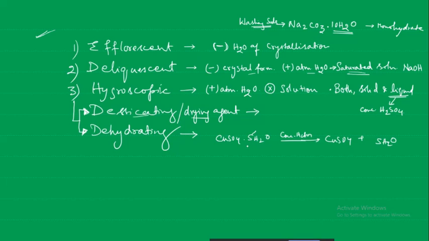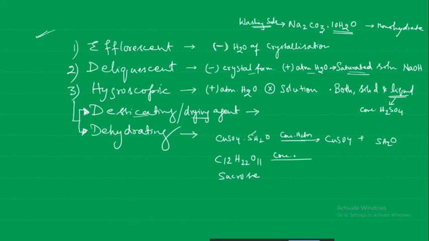Similarly, in the making of sugar charcoal, cane sugar is treated with concentrated H2SO4. C6H12O6 is the formula for glucose, but for sucrose it will be C12H22O11. This is sucrose, the table sugar that we are using.